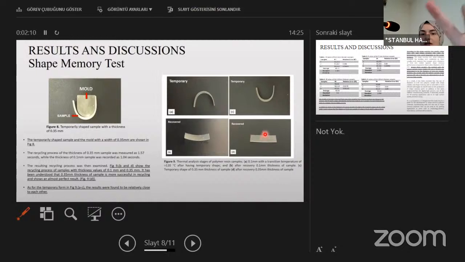Then you apply an external force, and its shape becomes a temporary form. This is the 4D dimension. Then you can heat this temporary shape again above the glass transition temperature, and it will return to this one.